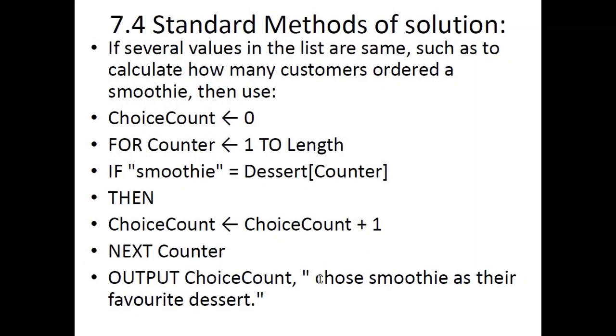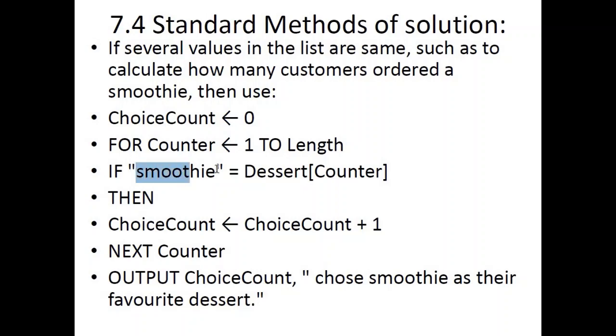If several values in the list are the same, such as to calculate how many customers ordered a smoothie or a banana shake or whatsoever, we can also use linear search for that. Choice count equals 0, for counter 1 to length, meaning whatever is the length of your array. If smoothie equals dessert[counter], then choice count equals choice count plus 1, and next counter.